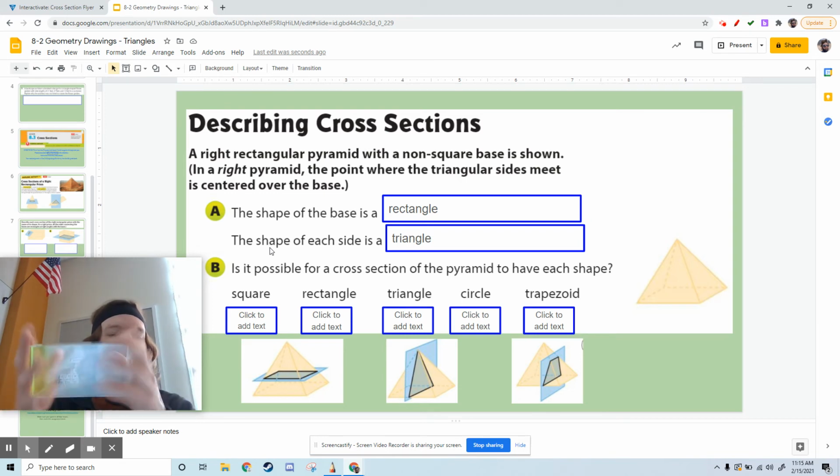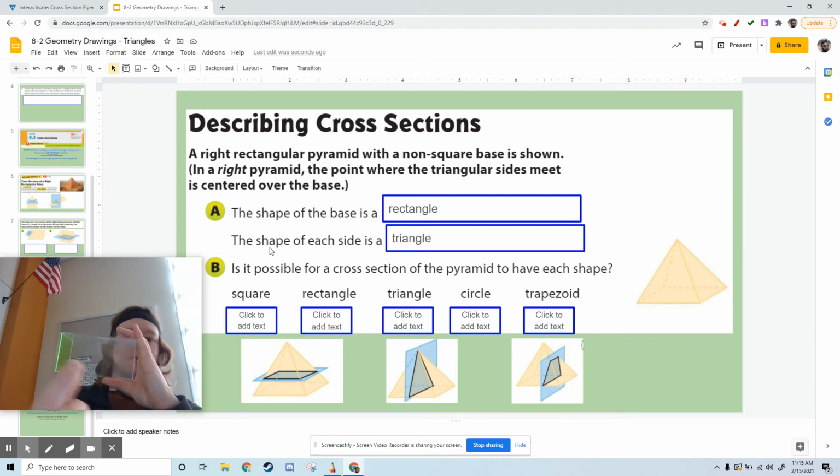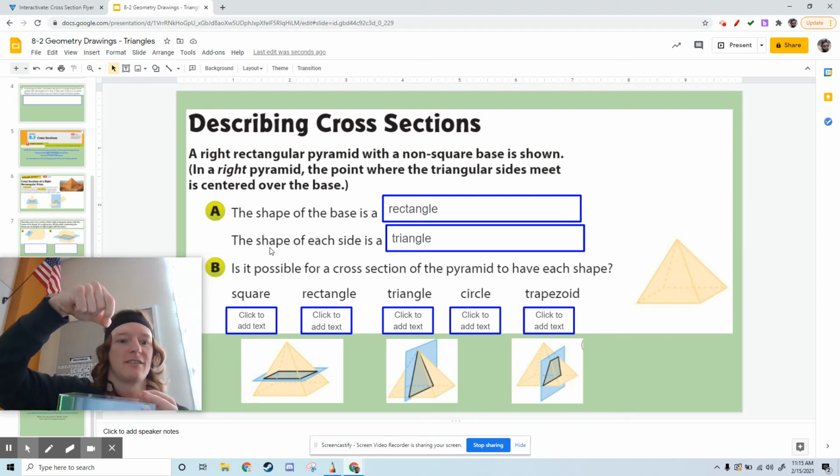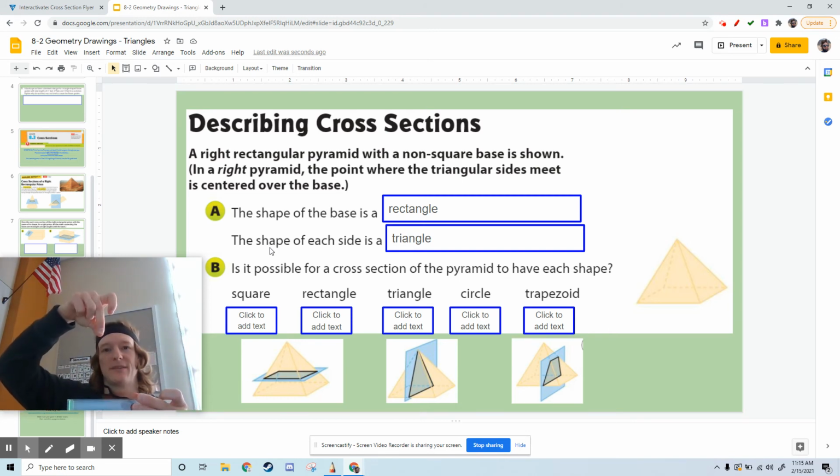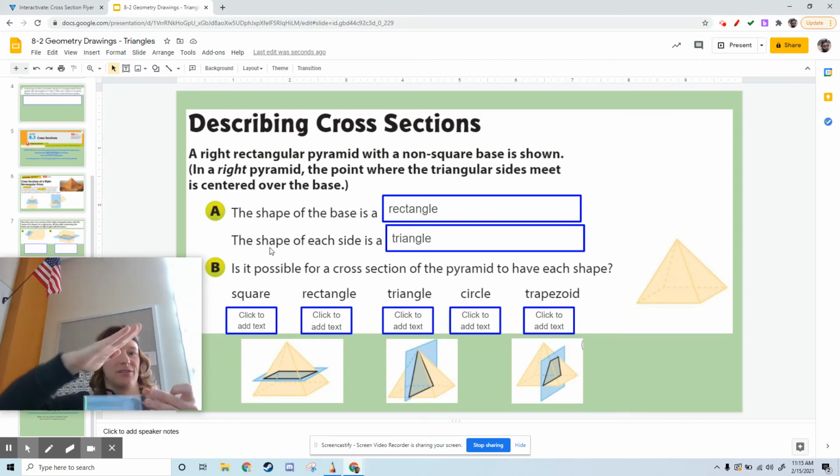If we've got a rectangle base and the point that all the sides come up to, the top of your pyramid, is right here, would it be possible to have all those points come up to a single point up here, but also angle your cross section so that it makes a perfect square?